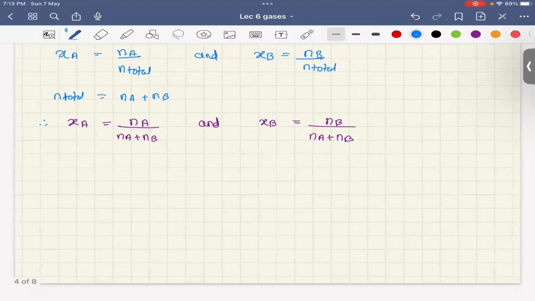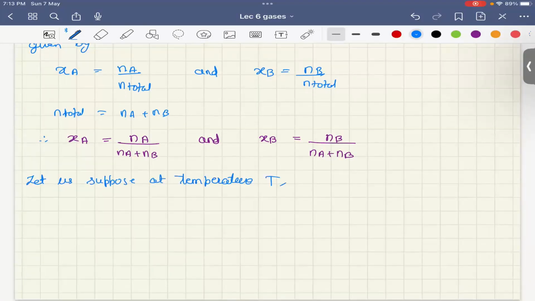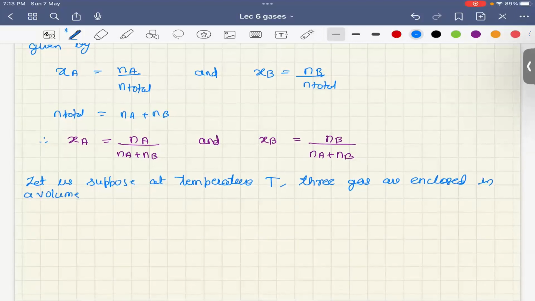So let us suppose at temperature T, three gases are enclosed in a volume V, and they exert partial pressures of, let's say, Pa, Pb, and Pc respectively.